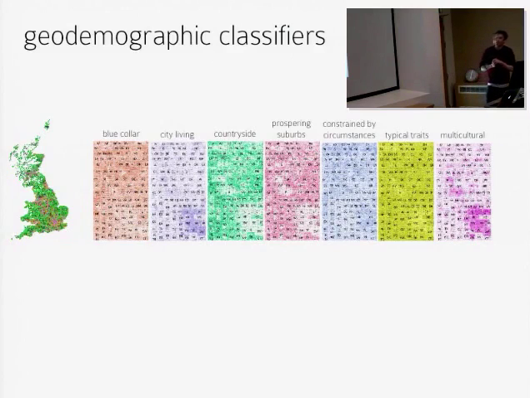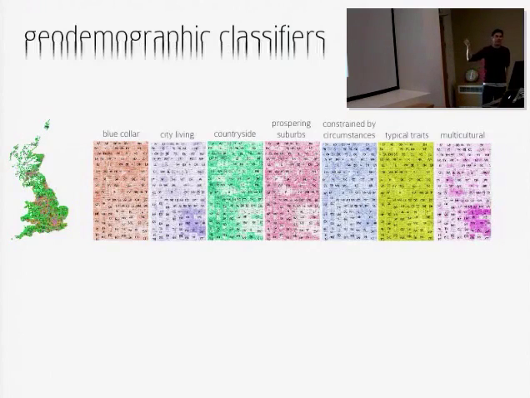So from that you infer that there's not geographic autocorrelation in distance from that grouping. So this suggests that most areas of the UK are quite like typical traits.